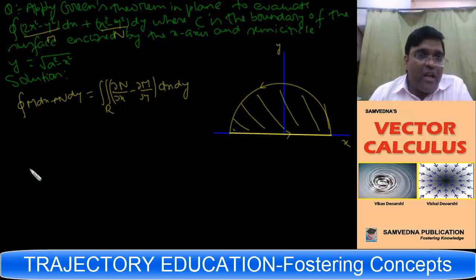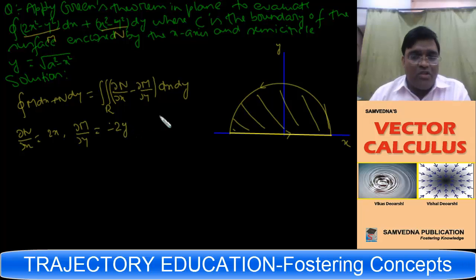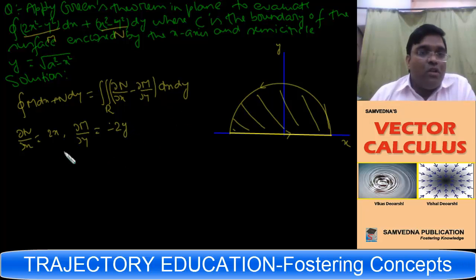So I have to evaluate this double integral. So this is your M and this is your N. So your dN by dx is 2x and dM by dy is minus 2y.